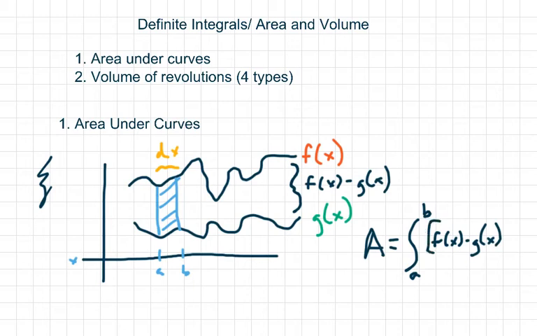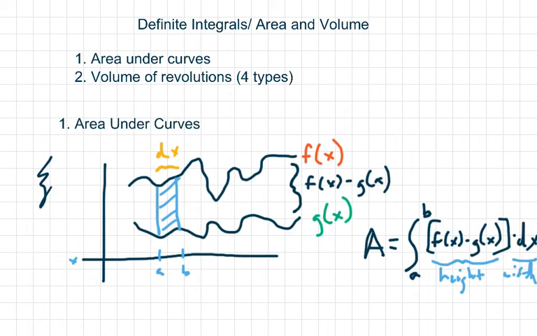So I'll put that in brackets just to keep that separate. Times the width of our rectangle, which is dx, just like so. So again, this is our height of our rectangle, and this is our width of our rectangle.